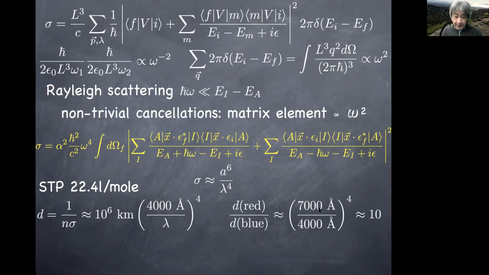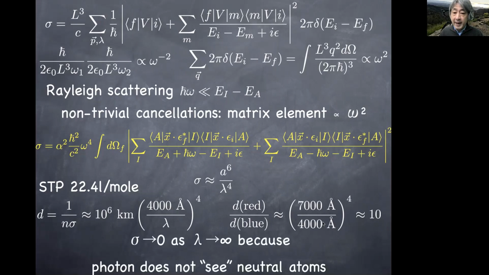But anyway, you take the ratio of the wavelengths, raise it to the 4th power, and you get an order of magnitude difference in the mean free path. So the blue light gets scattered 10 times more than red light in the atmosphere. That's the behavior you understand just by looking at this 4th power of the frequency in computing this Rayleigh scattering cross-section.